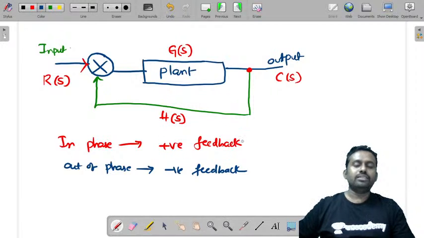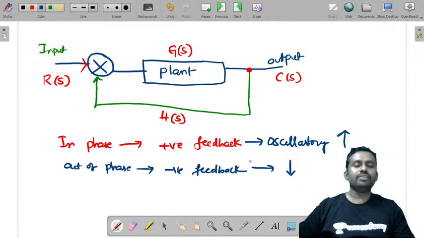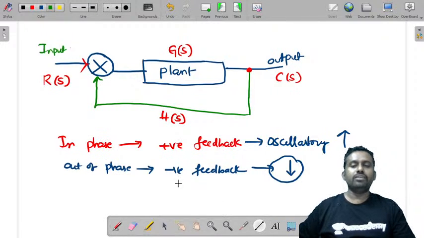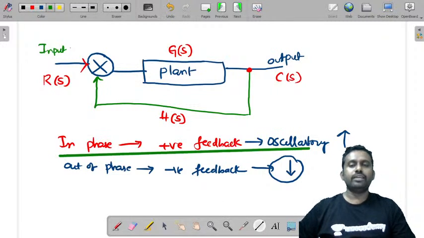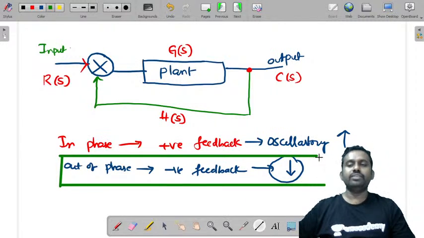Generally, positive feedback will have a response of oscillatory nature. It will increase the oscillations, and negative feedback will reduce the oscillations, which is the desired response of the system. So we have so many advantages of this, as I told you. Because of this, negative feedback is much preferred over positive feedback.